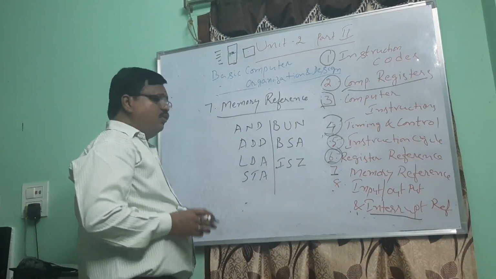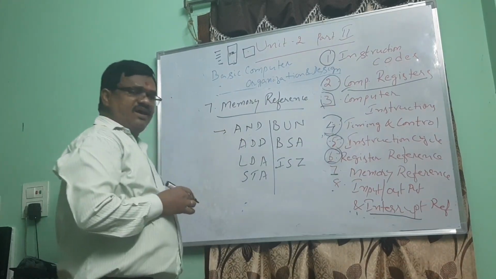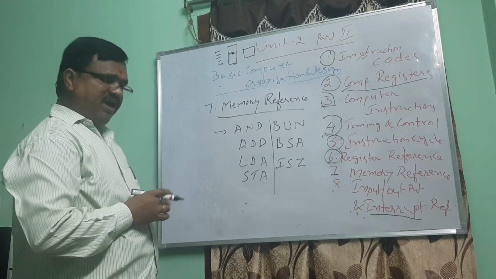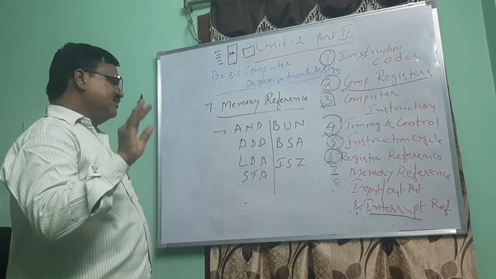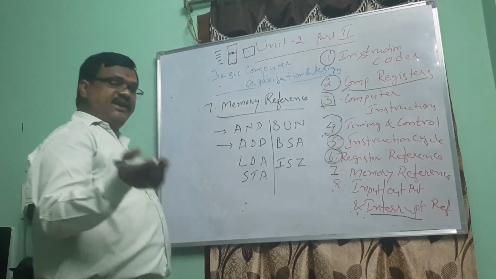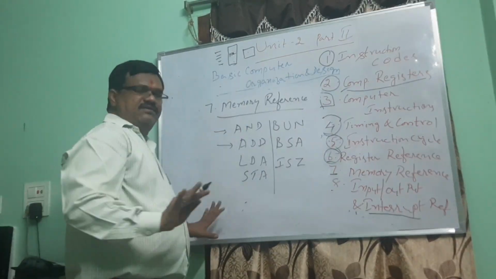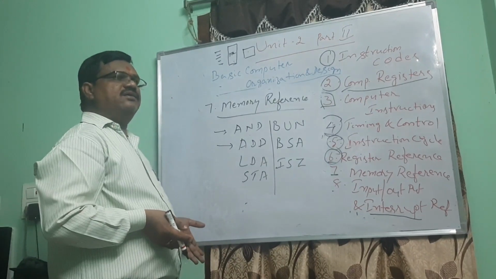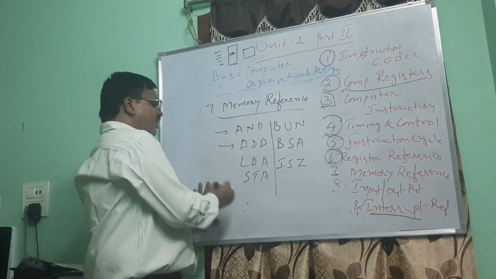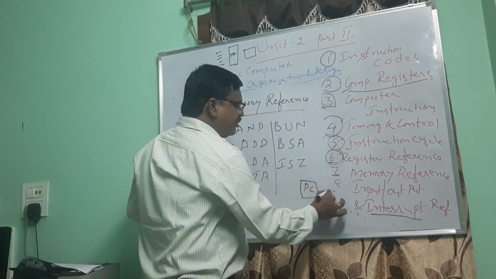Now you may be having a doubt, sir, that AND is a logical instruction also. Yes, AND is a logical instruction, and in the same way AND is an arithmetic instruction also. But simply if I say AND, what do you mean by AND? Whatever value is there in the program counter location, a memory is there.